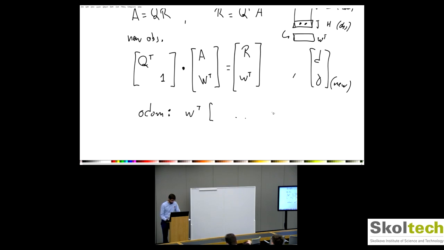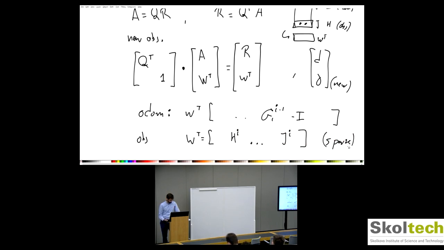Okay, so let me write a little more clearly what these vectors are here. Right, so in this case, this is for the odometry, and this is for the observation, right, as I said. Right, and in between we have zeros, right? So these are sparse vectors.